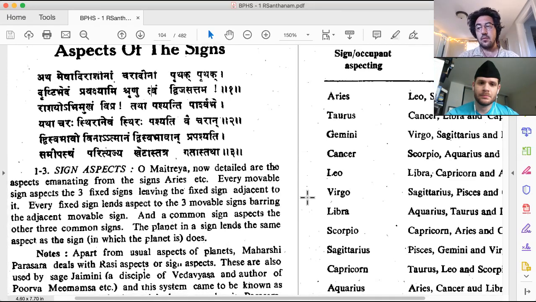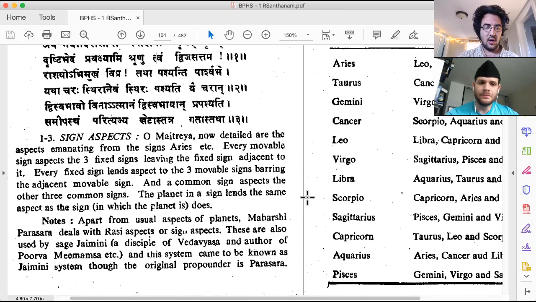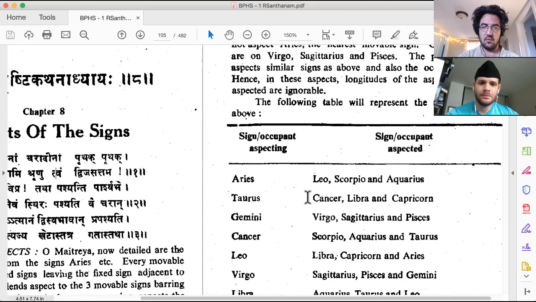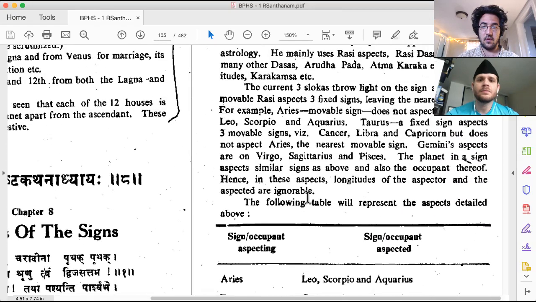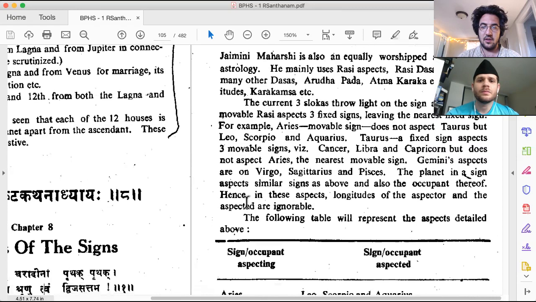And then all mutable signs mutually aspect one another. And Santhanam gives some commentary on this, which I am going to have to disagree with, though I'm definitely not as learned as him. But I didn't read the commentary.